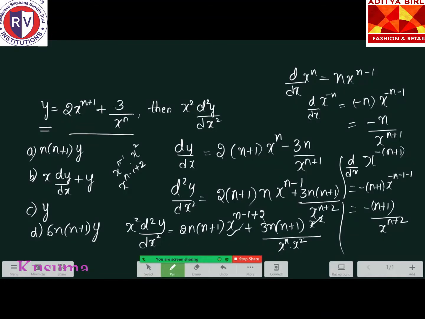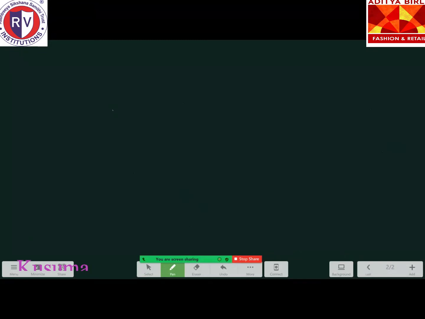And here x square and x square cancel out to give us x to the power of n in the denominator. So x square into d square y by dx square will be equal to 2n into n plus 1 into x to the power of n plus 1 plus 3n into n plus 1 divided by x to the power of n.